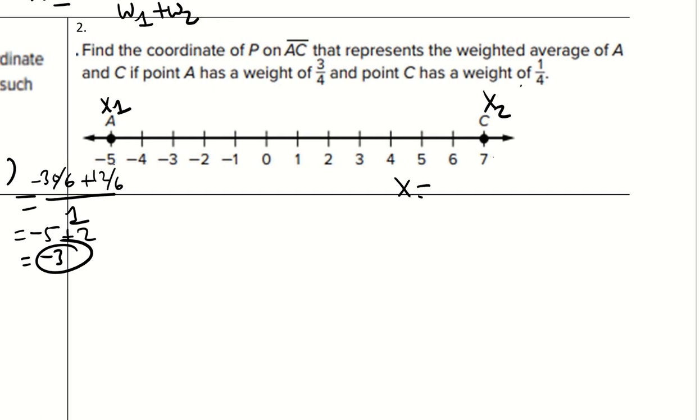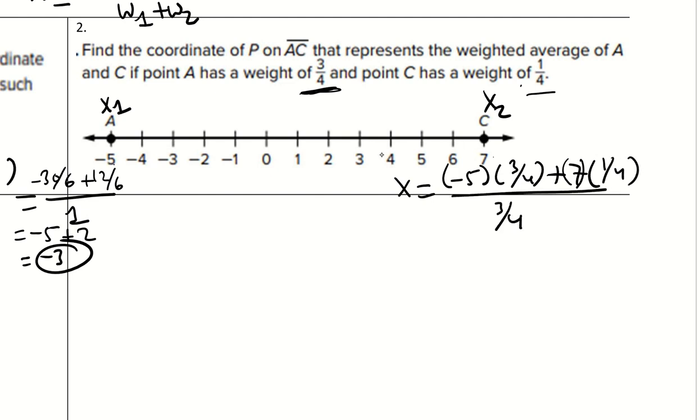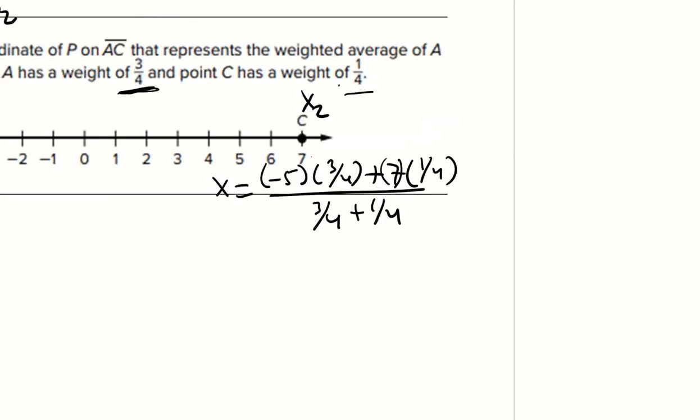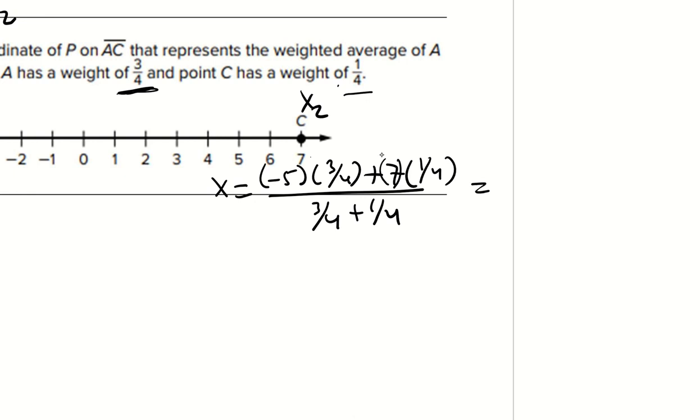So x is equal to x1, which is -5, times w1. w1 is for point A, so that's 3/4. x2 is 7. Then the w2 is 1/4 over w1 plus w2. Again, 3/4 plus 1/4 is 4/4, which is 1, okay? And the 1 doesn't do anything, so I'm going to ignore it, okay?